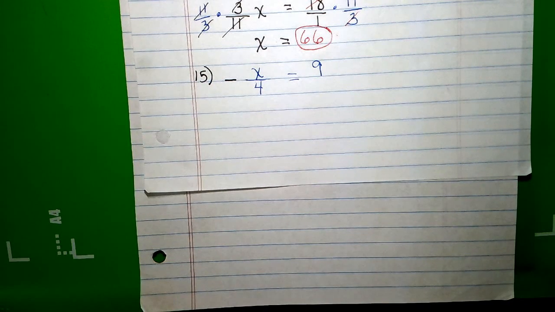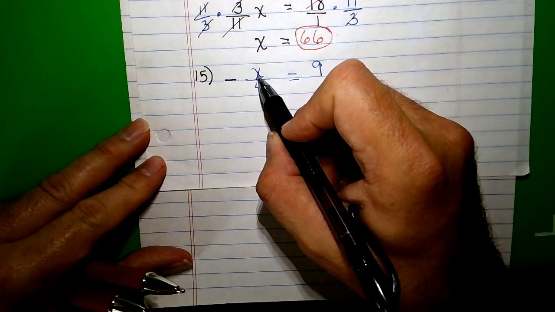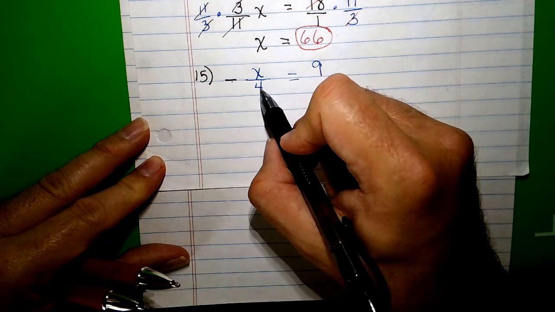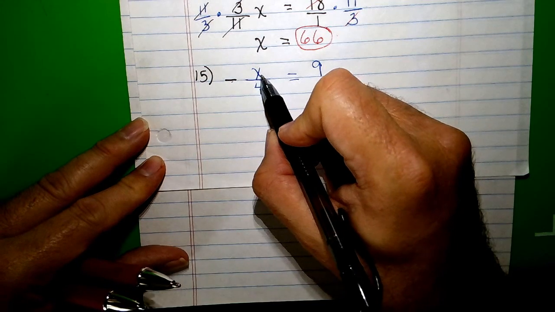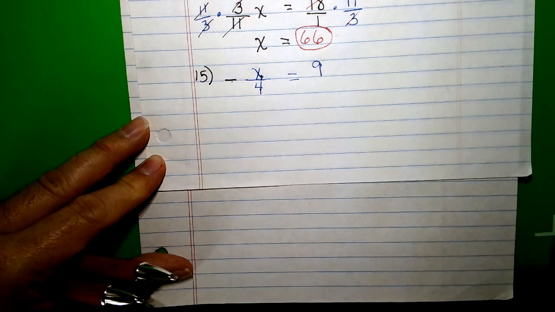That's a negative sign. We want to get this x by itself. We don't want the negative, and we don't want this 4 here. We're isolating the variable. We can make it into a couple of steps if you want.